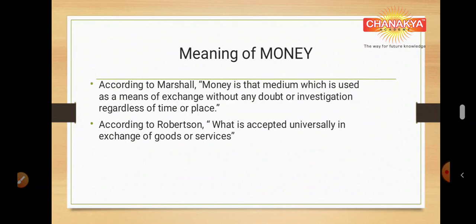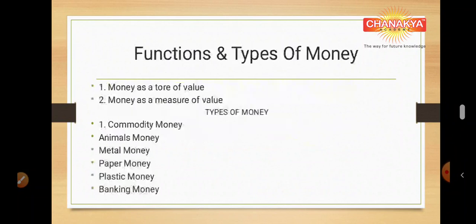Marshall says that money is the medium used as a medium of exchange without any doubt or investigation, regardless of time or place. Robertson says that whatever is accepted universally in exchange of goods or services is called money. Functions of money include use as a store of value, measure of value, and medium of exchange.